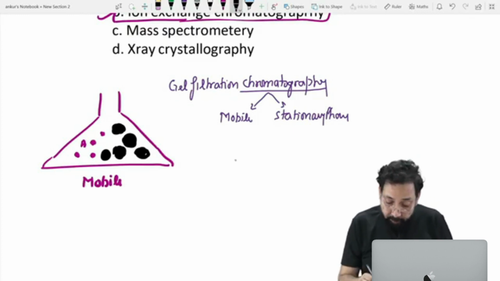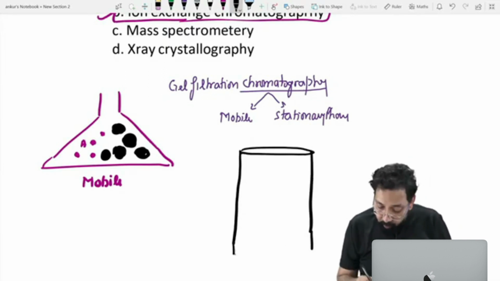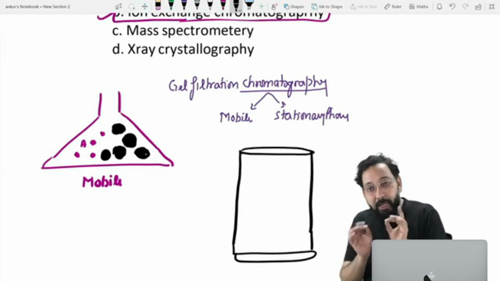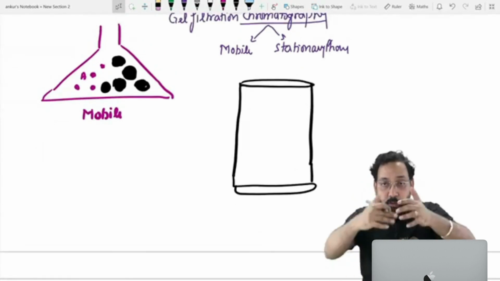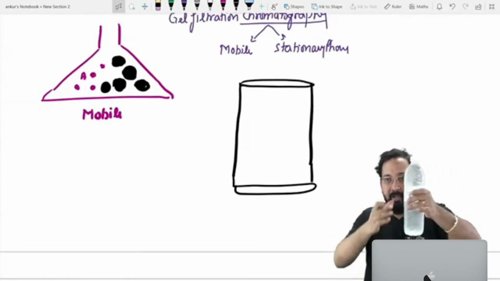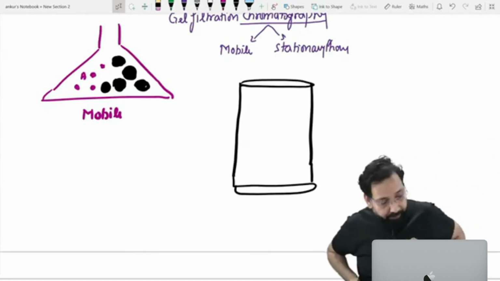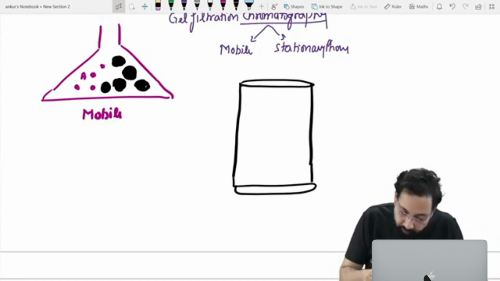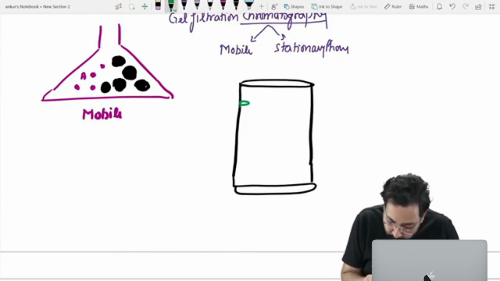I took a column. I am modifying the technique a little bit, but the concept is correct. I took this column, cylindrical, just like this bottle. I attached gel molecules on the wall.